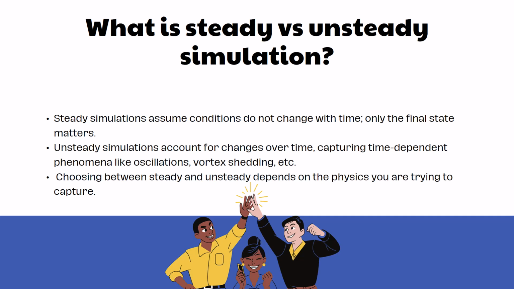And another example, if I am doing forced convection of, suppose, a battery pack or anything, then if I want to see in the first 30 seconds how my temperature is dropping, okay, let's say from 50 degrees Celsius to 40 degrees Celsius, and how my temperature is dropping in the first 30 seconds, then in the first 1 minute and everything, then it will be an unsteady simulation, which is a time dependent simulation.